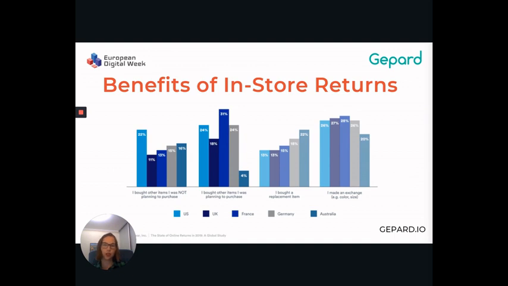Product return statistics show that buyers who are satisfied with their returning experience at the offline store tend to buy more products that were not planned at all, purchase planned items, take a replacement product, or exchange due to color or size. It's also quite a useful tip for retailers to replicate some physical store elements at their online stores. Suggested items are where to get started on this road.